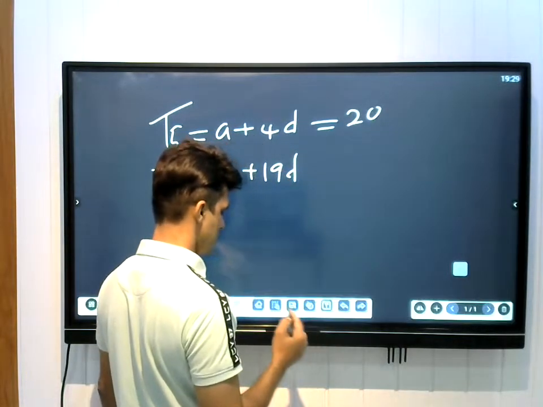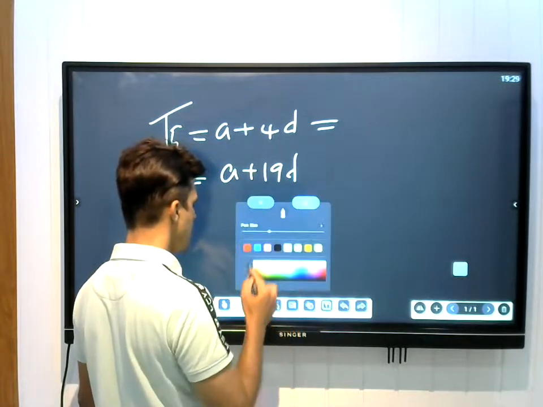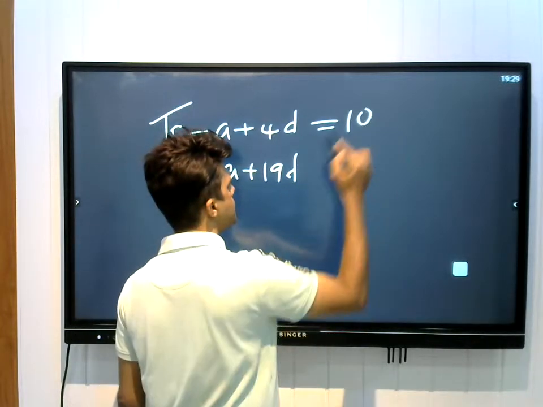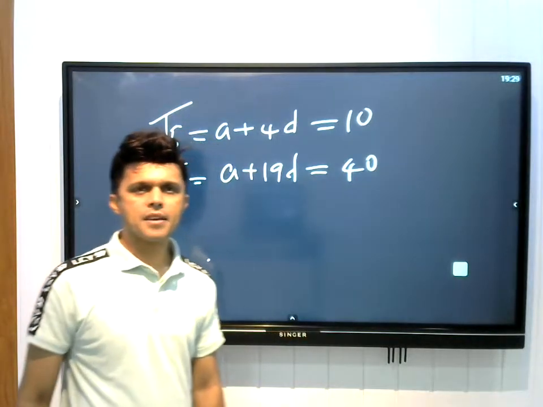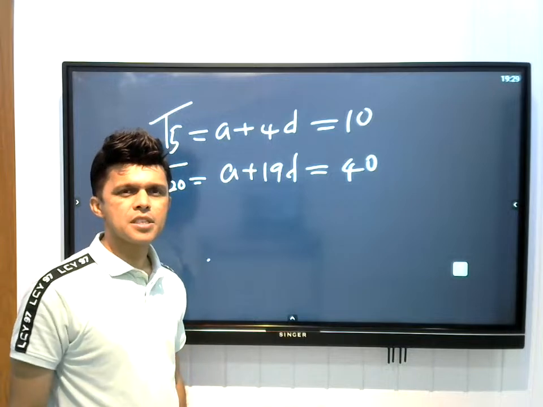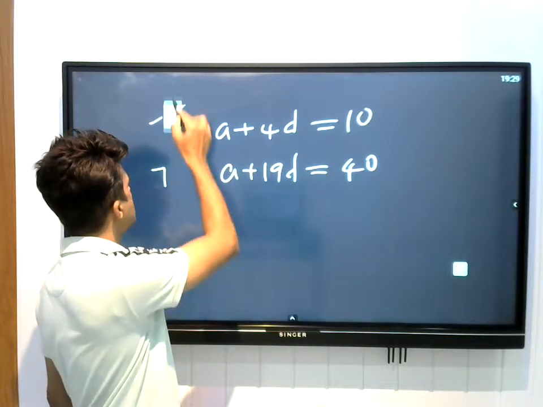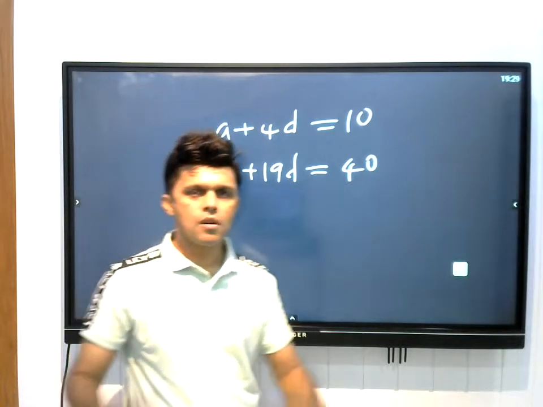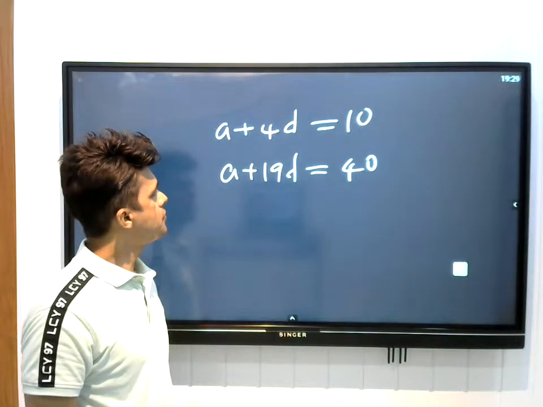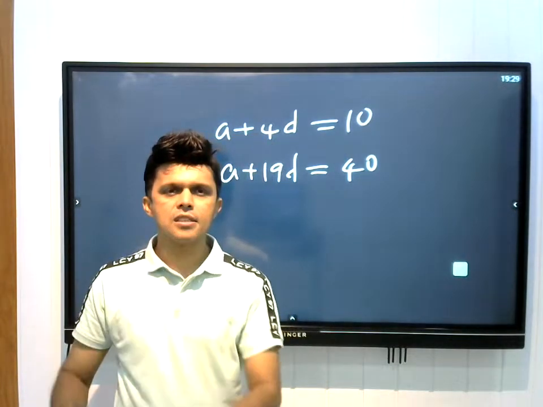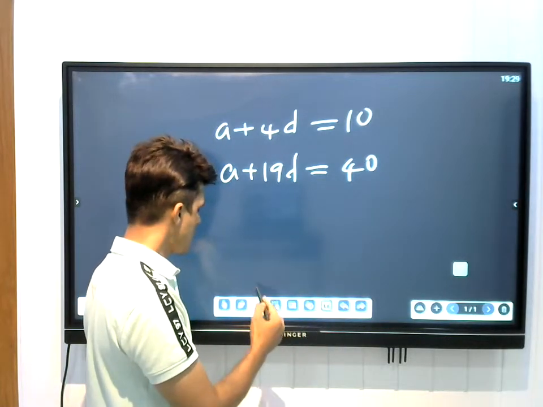Fifth term is 10. The 20th term is 40. These are the given information of the arithmetic progression.